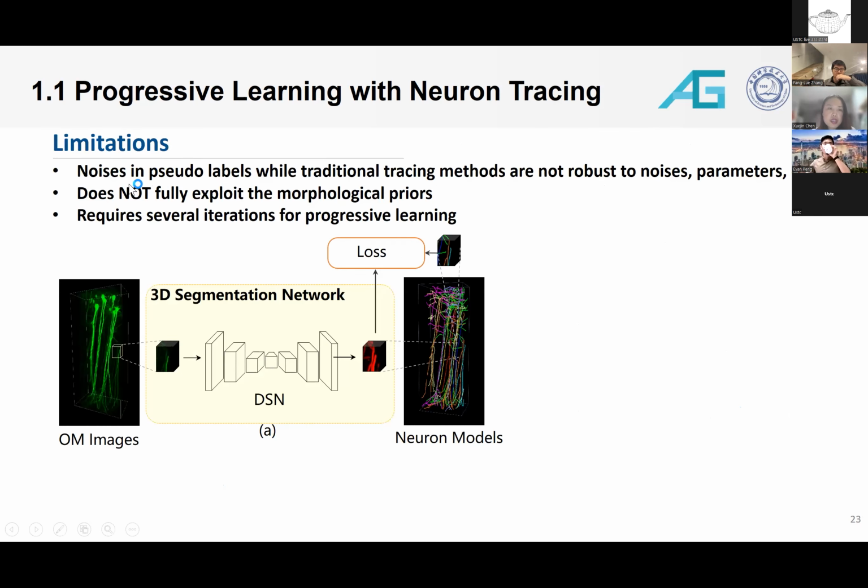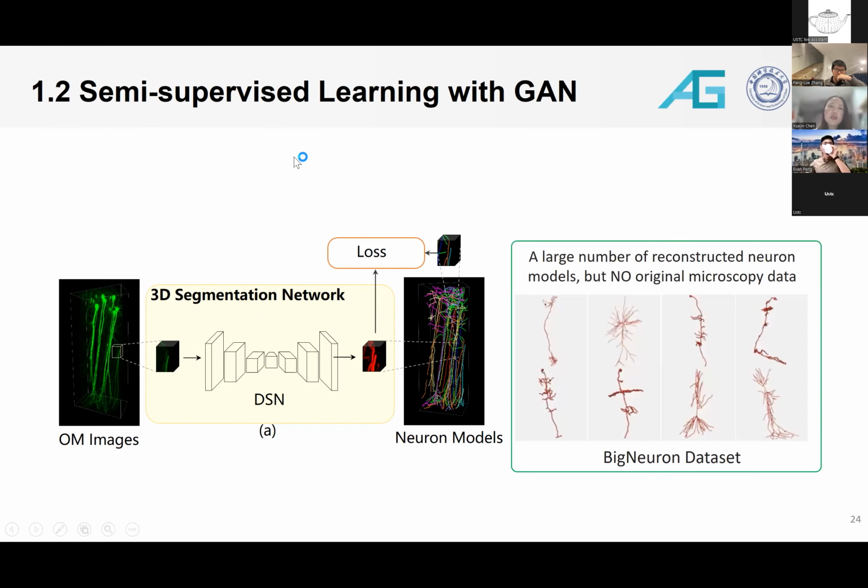But you can see that for this framework, there is still a lot of noise in the pseudo labels, even though we get better segmentation and tracing results. It also requires several iterations for progressive learning, and each iteration takes a lot of time and computational resources.